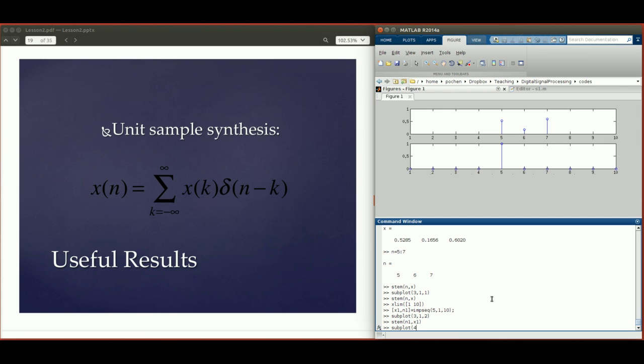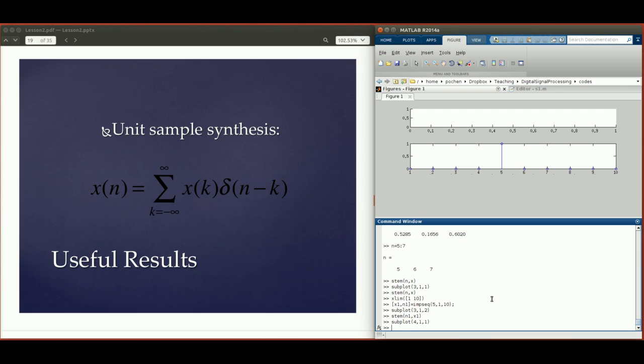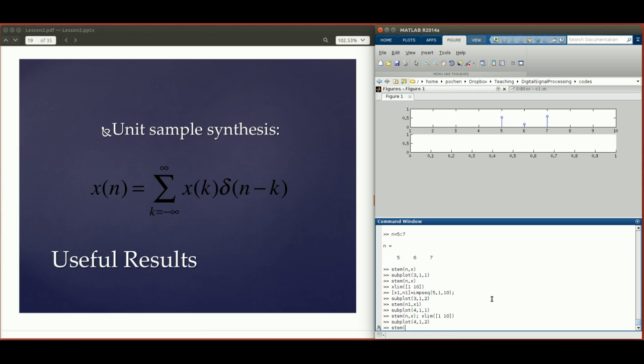In fact, I should have made four subplots, with the range 1 to 10, and stem n1, x1. That's our first pulse.